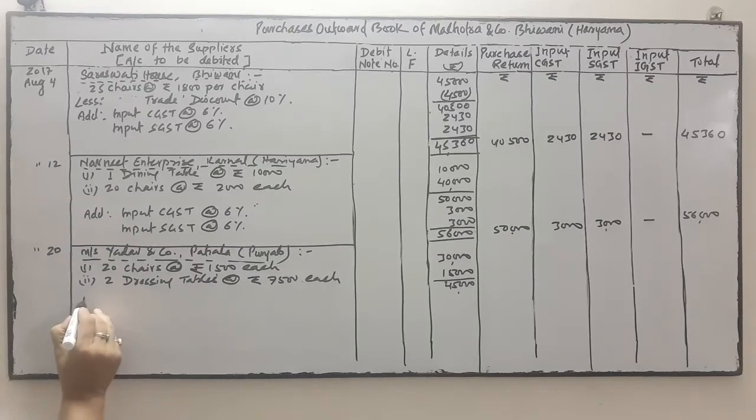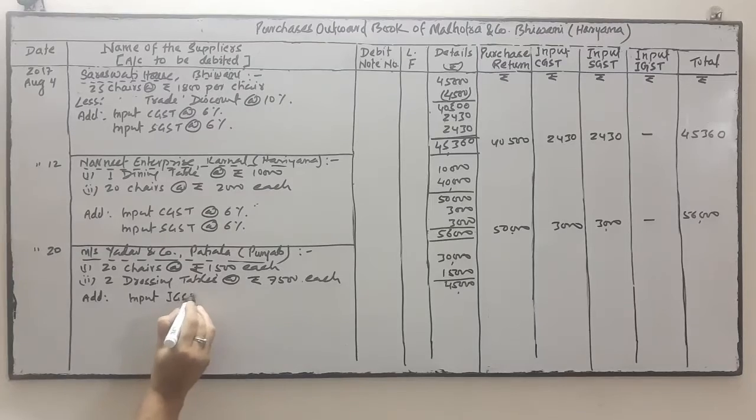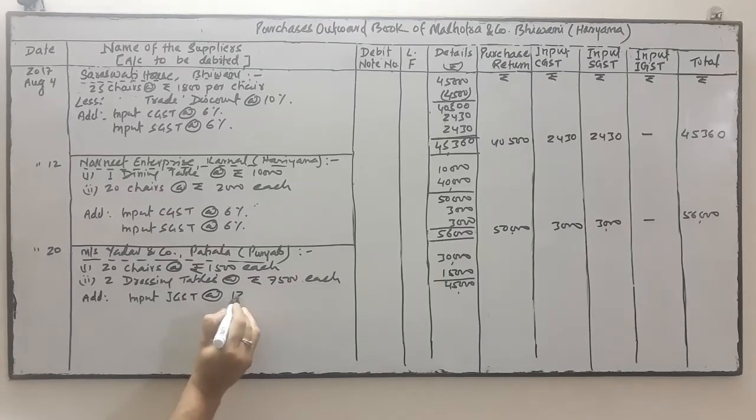Now you add over here input IGST at the rate of 12%.